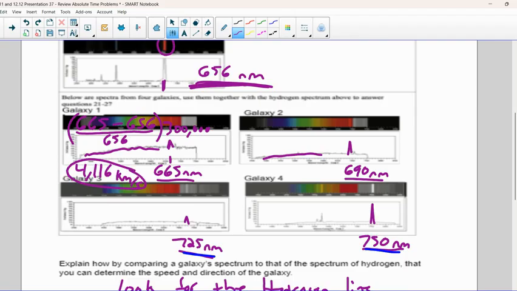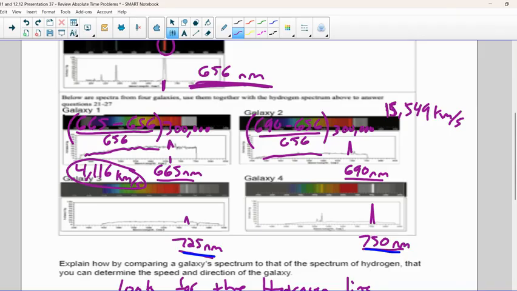Then I would just do the same thing for Galaxy 2. I would have 690 minus 656 divided by 656, and then all of that times 300,000, and that would give me approximately 15,549 kilometers per second.